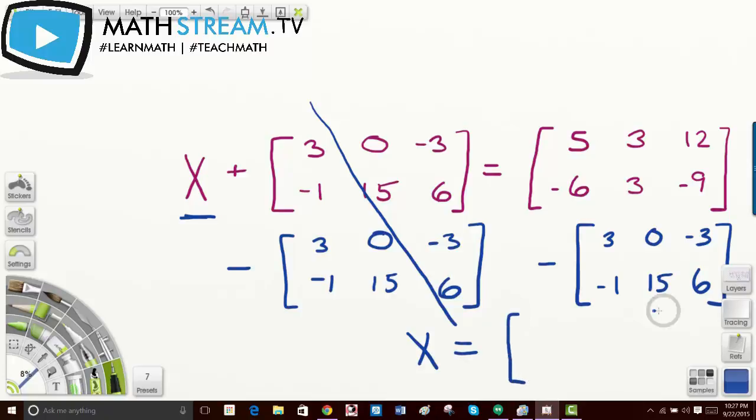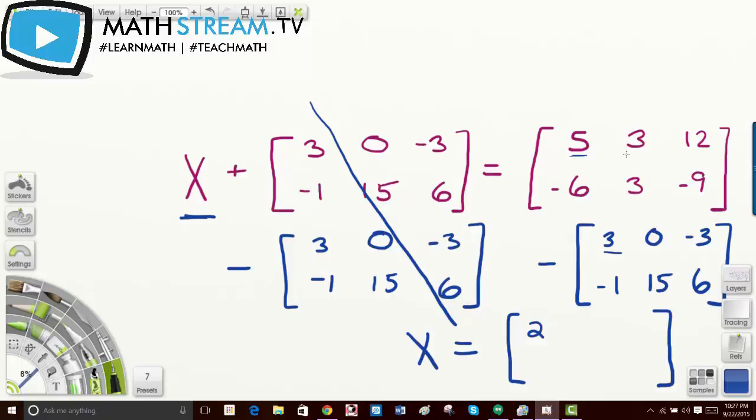So I know I'm going to get the same size for my answer, and now I'm going to compare the pairs of elements. So the 1, 1 position of the first, I'm going to subtract. Now remember, we're not adding, we're subtracting. So I'm saying 5 minus 3. So that's going to give me a 2 in position 1, 1.